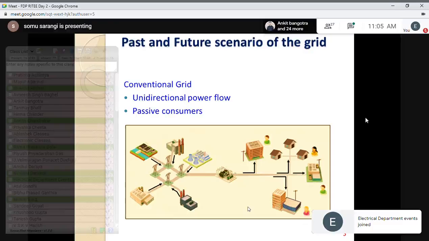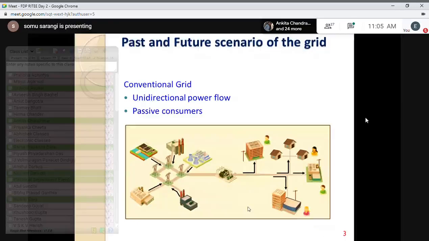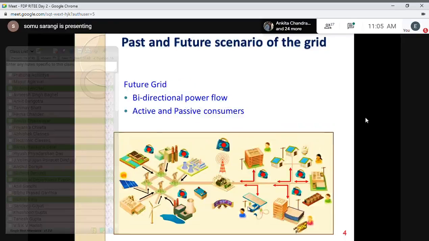We only consumed the power. We were all passive consumers, and unidirectional power flow was there. However, in our future grid, we'll have several sources like PV, wind, and other types of diesel generators available in the distribution system also.